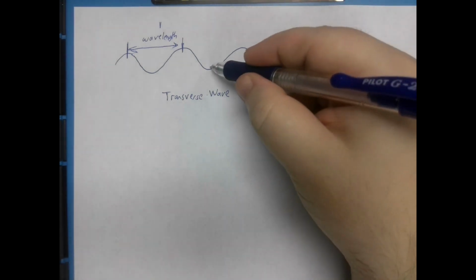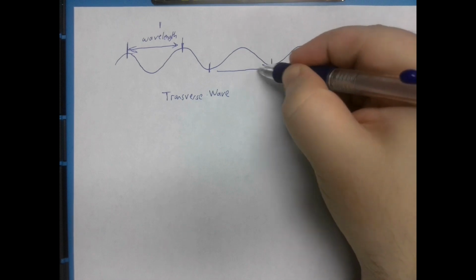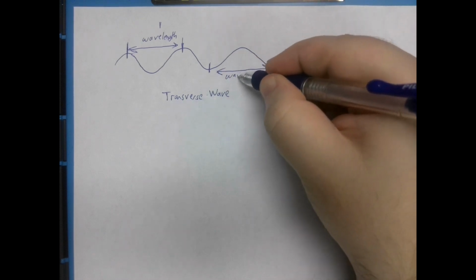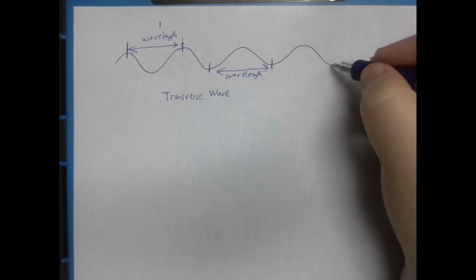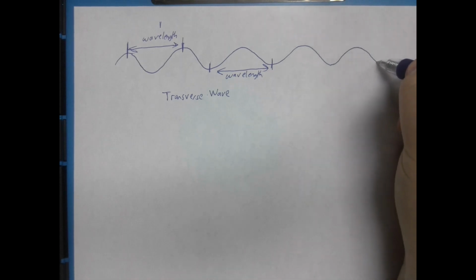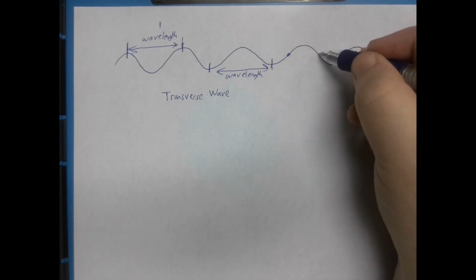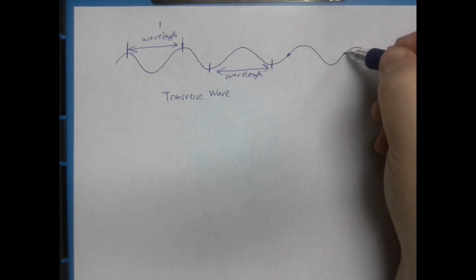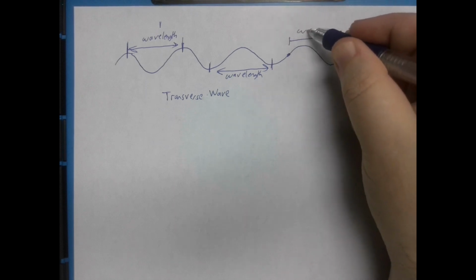It can also be the distance from one trough to another, or any identical portion of this wave. So this here, going up, not right there, but going back up right here, this would also be a wavelength.